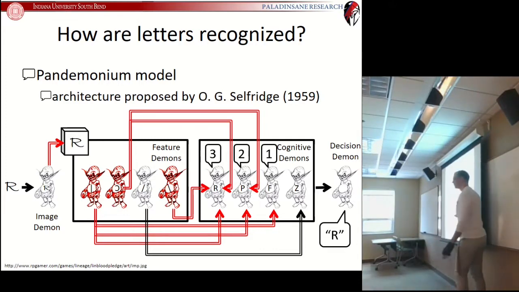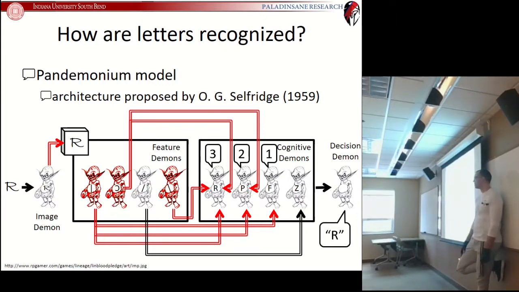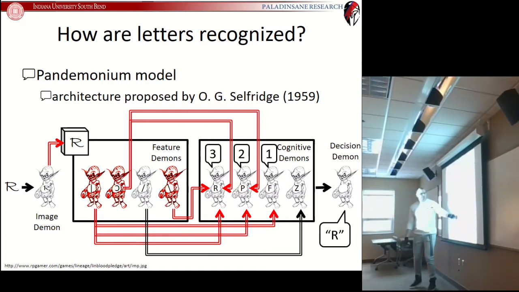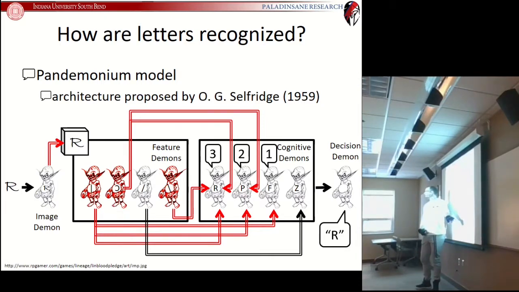Nobody really uses the Pandemonium model of Selfridge, but the ideas that came forth from this model are still used. So the ideas of having features that are activated, and that these features only have connections to certain cognitive outputs. And then you have a decision maker that recognizes which output got activated the most. That kind of an idea is used.